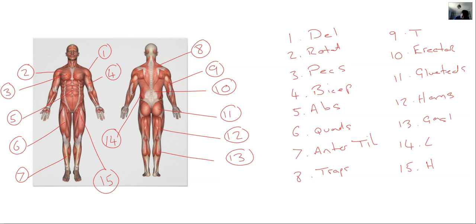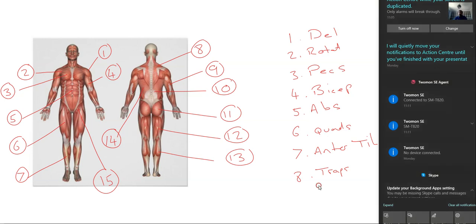Remember, it's spelled gastrocnemius if you're going to spell it out in full. 14 is our latissimus dorsi. I just realised I missed number 9 out. Sorry, that's tricep. 14, latissimus dorsi. And 15 goes over to our hip flexors. So those are the 15 that we now need to know. Hopefully you've done relatively well on them.